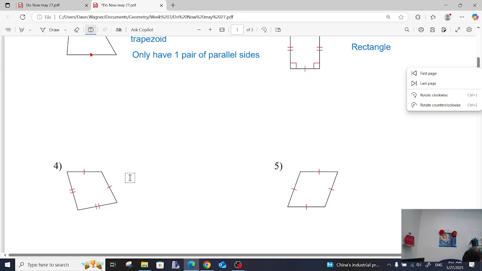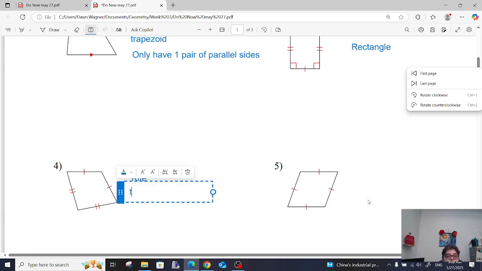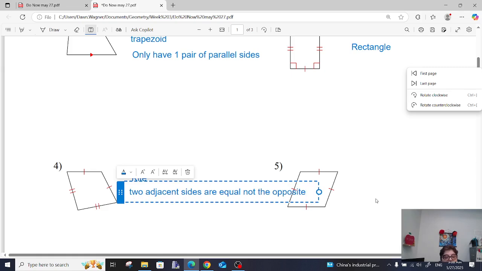Now what's this one? This one's a kite. And what about this one? That's a rhombus. In a kite, two adjacent sides are equal, not the opposite sides.